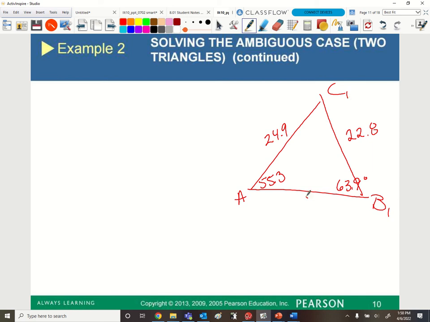Now, I also have to find little c1. So using these values here, all three angles have to add up to what? 180. So let's go ahead and solve for C1.